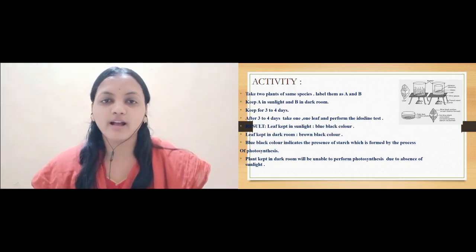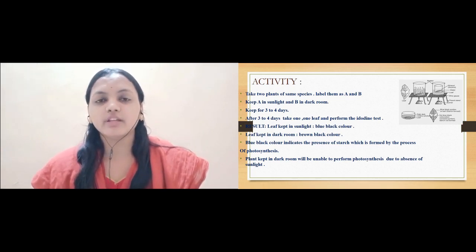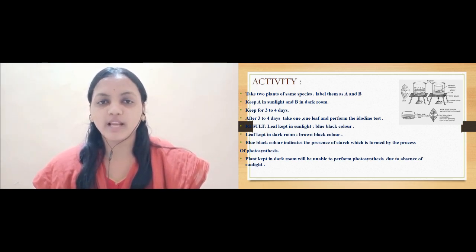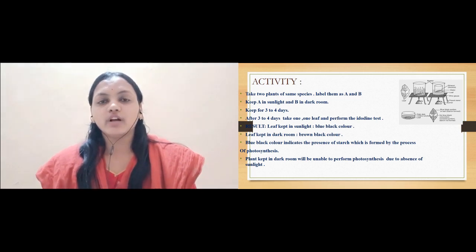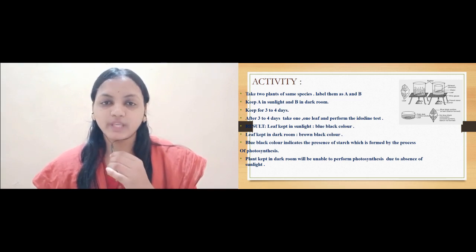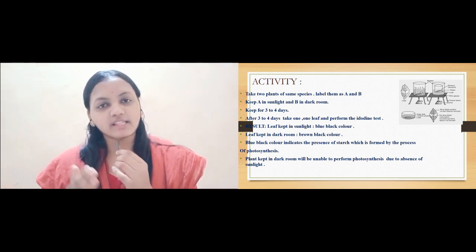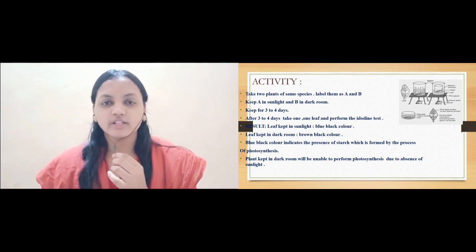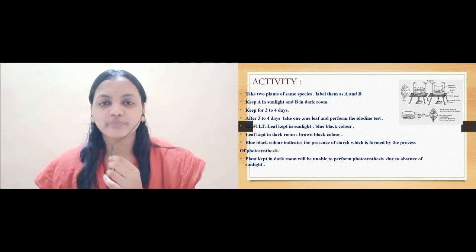Our next part is about an activity in which we are going to take two plants. One plant of the same species, we have to label one plant as A, the second plant as B. Now keep plant B in a dark room and plant A in sunlight and observe these plants for 3 to 4 days.